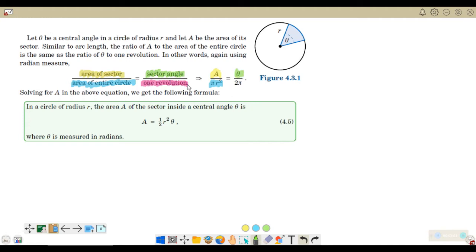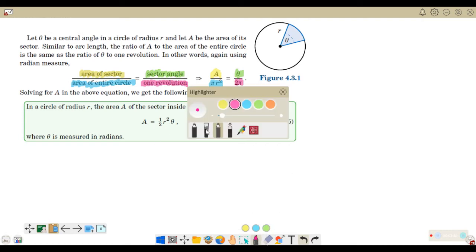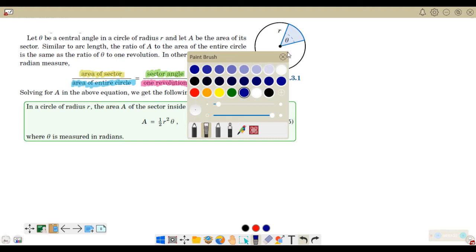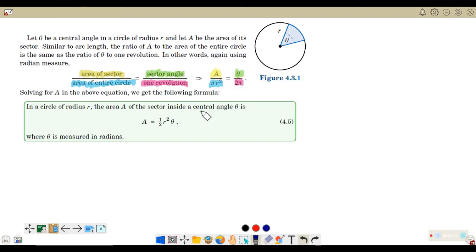Ano ang measurement ng 1 revolution in radian? It is 2 pi. From here, we are going to derive our formula A is equal to 1/2 r squared theta. Let's start. Copy natin yung formula dito sa baba.